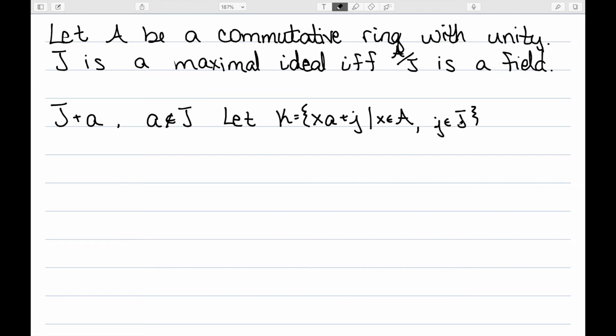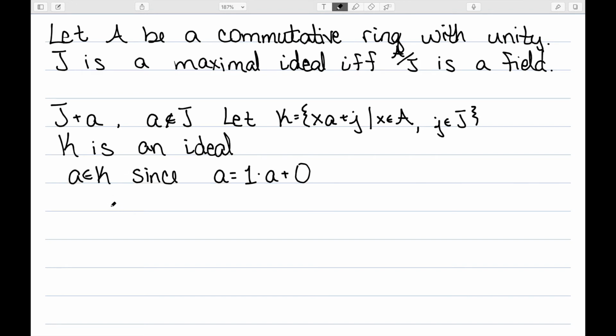Let K be the set of all elements XA plus j, where X is in my ring A, and j belongs to my ideal J. I won't prove it directly, but you can double check that K is in fact an ideal. In addition, my element A belongs to K since A is of the form 1 times A plus 0.